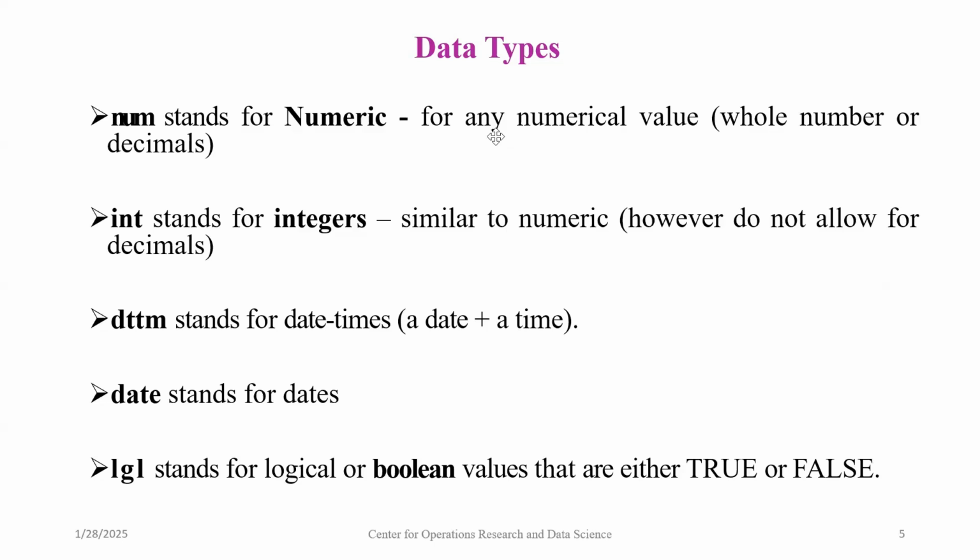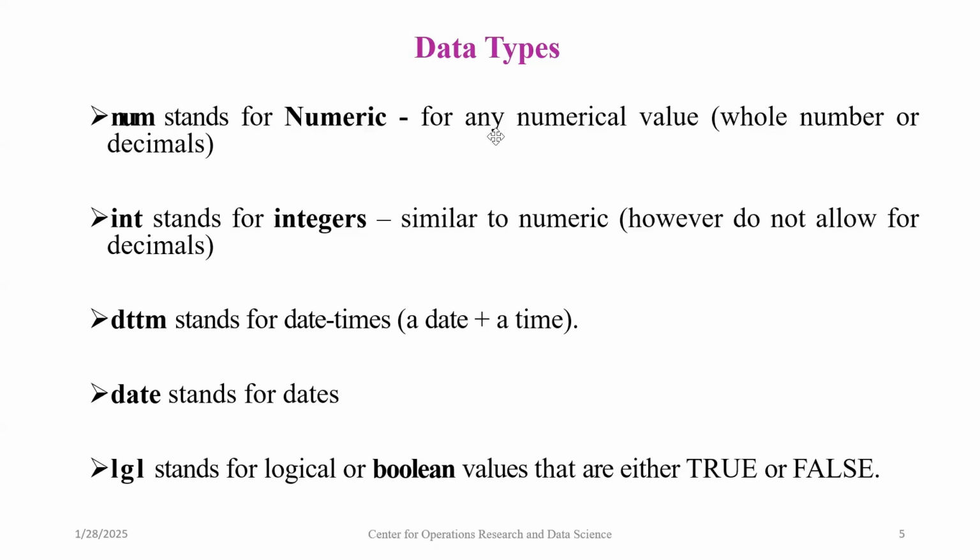Then, as you run your R models with panel data, time series data, and so forth, you will encounter a lot of dates. The dates are also in different formats. So for instance, you see the DTTM, which is a date and a time, and then you also see another date type, which also represents dates. And we will look at all these versions when we see our R script.